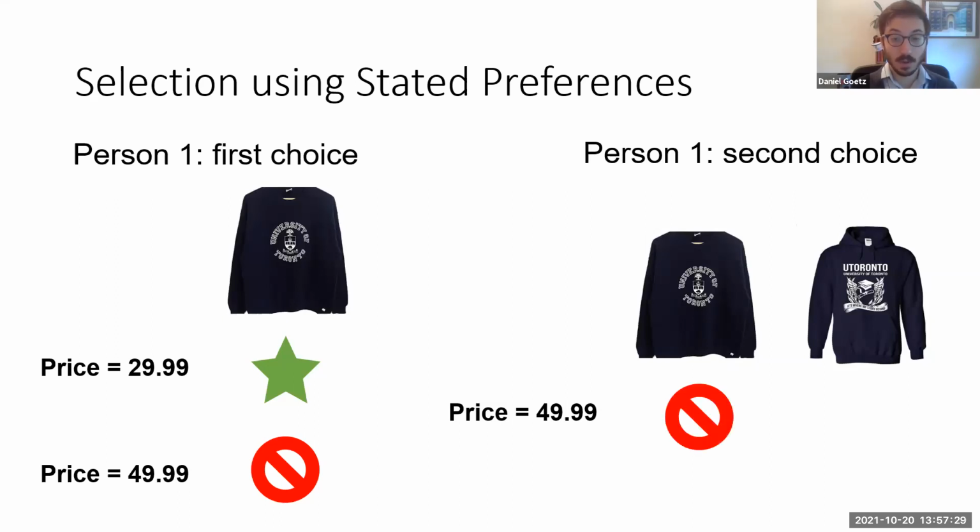They wouldn't buy this one at $49.99, but they say they would buy this one at $49.99. So this provides similar information, but through stated preferences. People seem to value something about this second sweater compared to the first sweater. They value the hood, or they value the more complicated design.